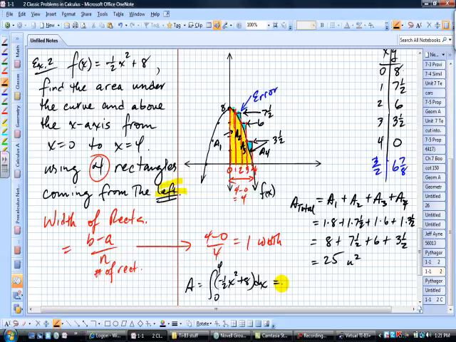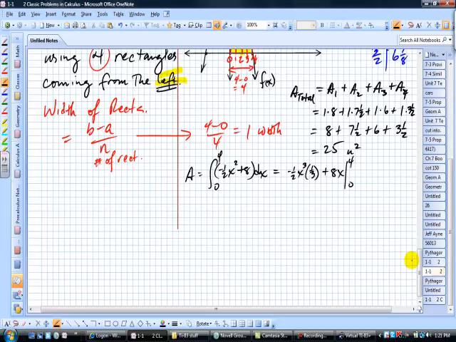Okay, and so that'd be found by taking negative 1/2 x cubed times a third, or divided by 3, either one, alright, plus 8x here, evaluate it from 0 to 4. And I know you guys don't understand this because we're not in the second branch of calculus yet, but I just took an antiderivative or an integral, and I'm now going to evaluate it at 4, the function at 4, then subtract that at 0, which is going to be 0.